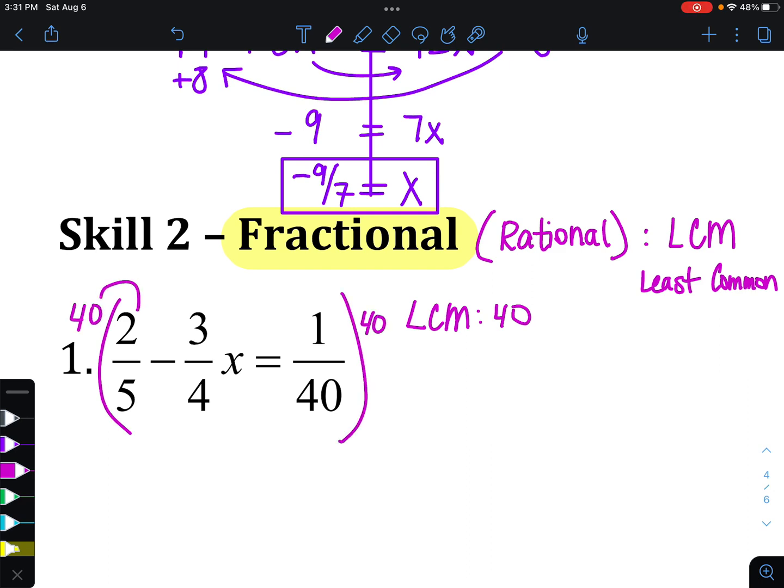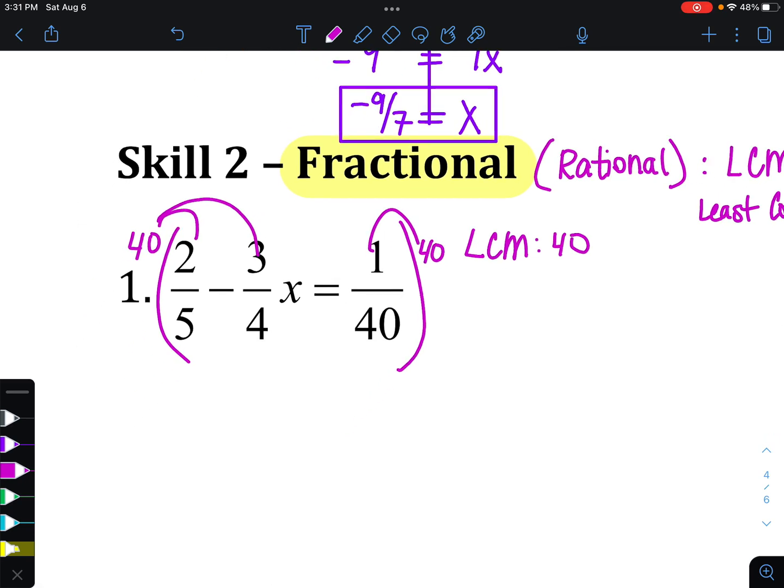So we're going to kind of distribute that 40 on both sides of the equal sign. Look at what happens when we do that. When we do 40 times 2 divided by 5, 40 divided by 5 is 8. 8 times 2 leaves us with 16, right?